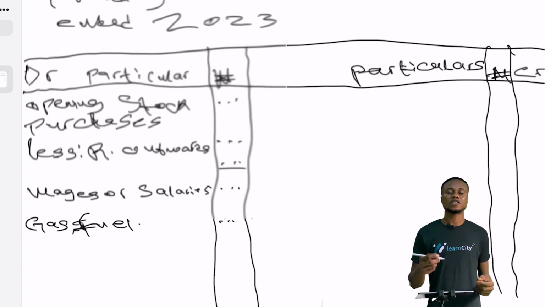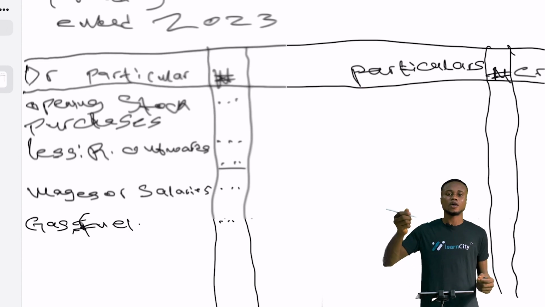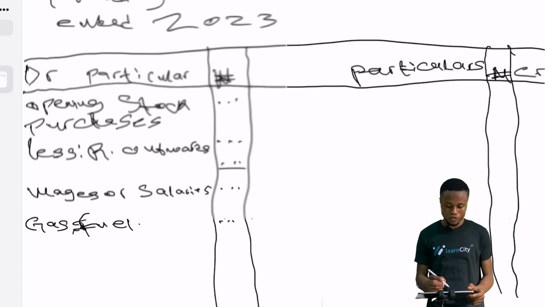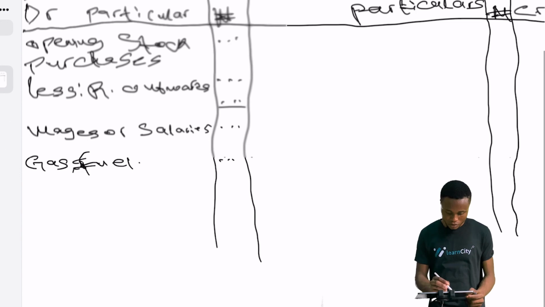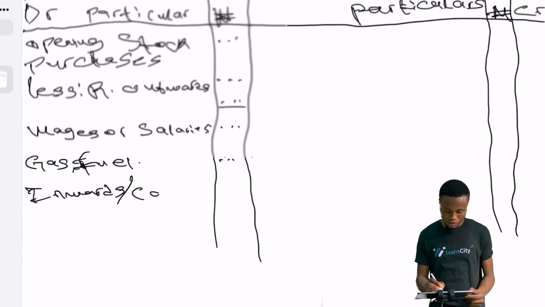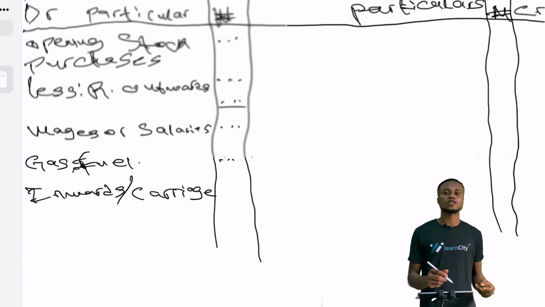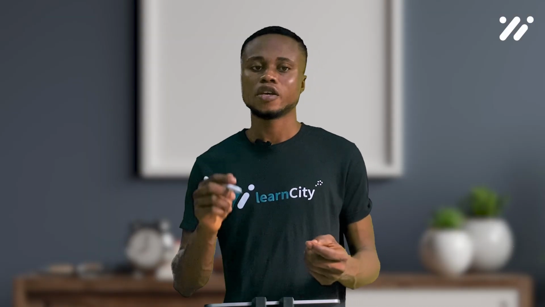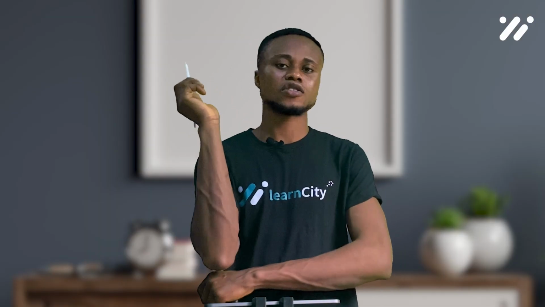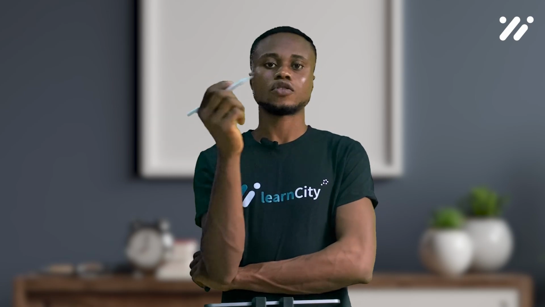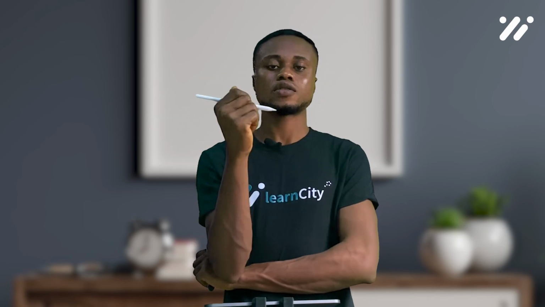So after that, the next thing on that debit side is the inwards or carriage inwards, like this, your inwards or carriage. So after that, the next thing is if a particular organization is dealing with shipments on sea, let's use sea.